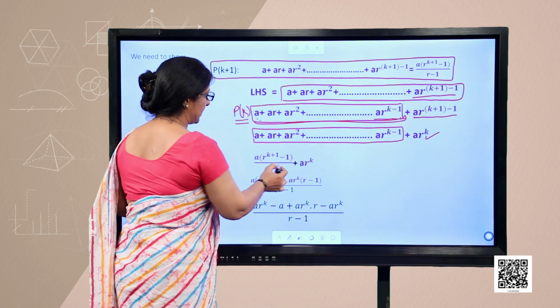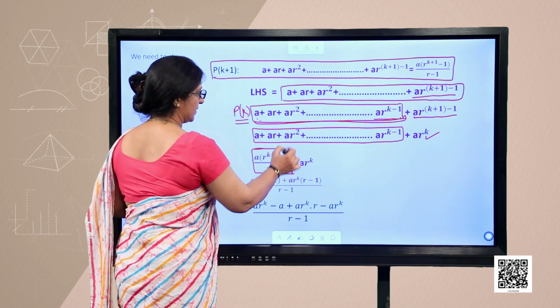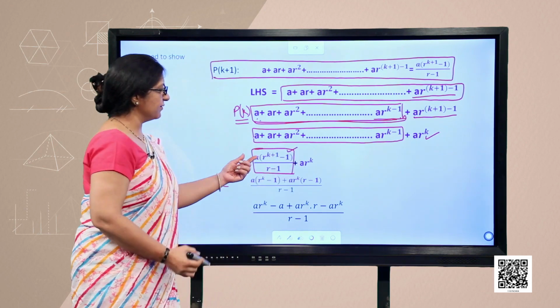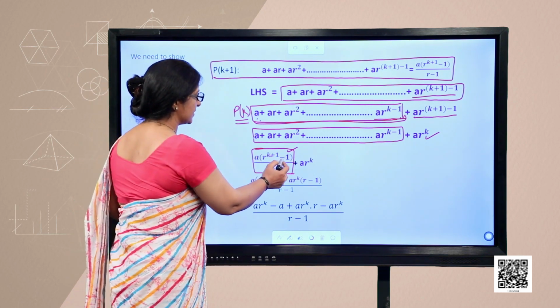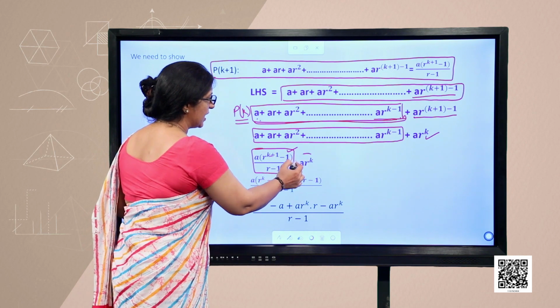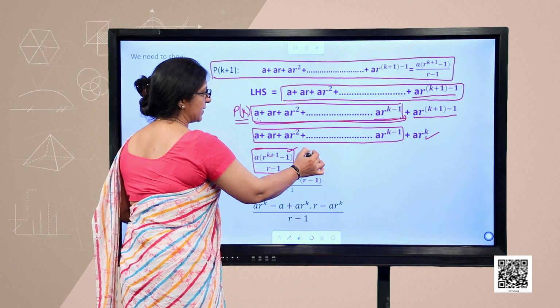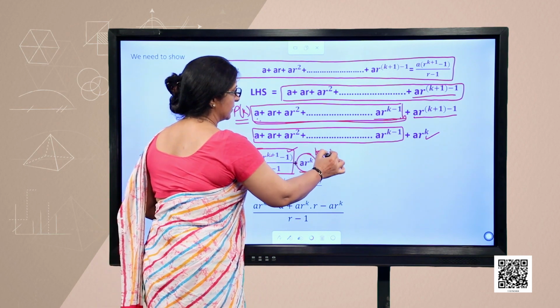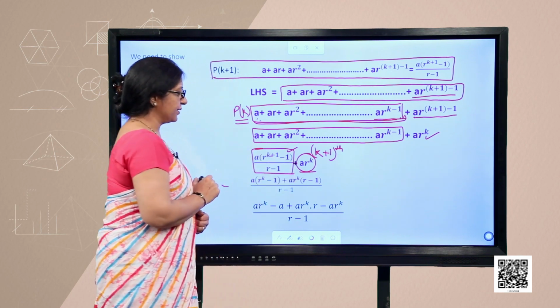Here we have replaced this term Pk by this expression from equation 1, a into r to power k plus 1 minus 1 divided by r minus 1, and this is nothing but this term written again, which is the k plus 1th term, and this was the result of the kth term.